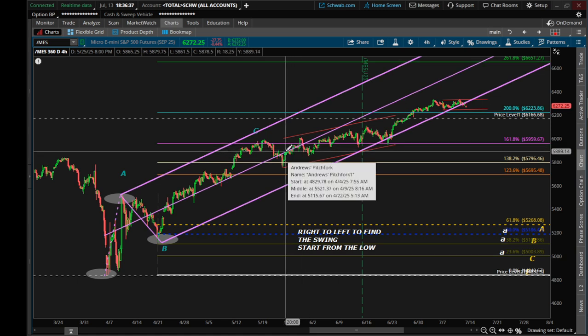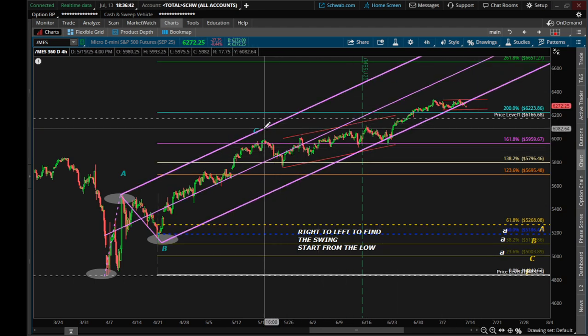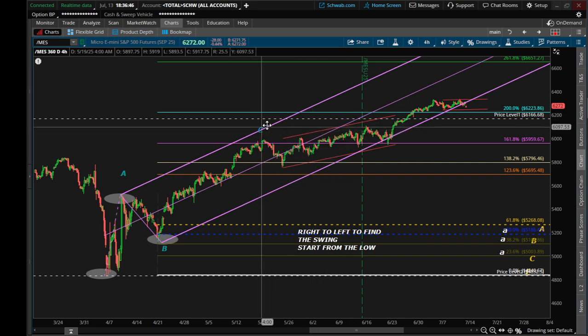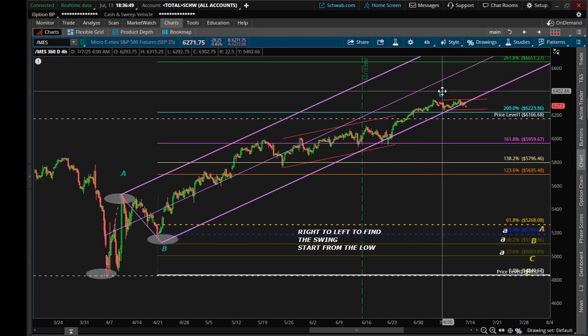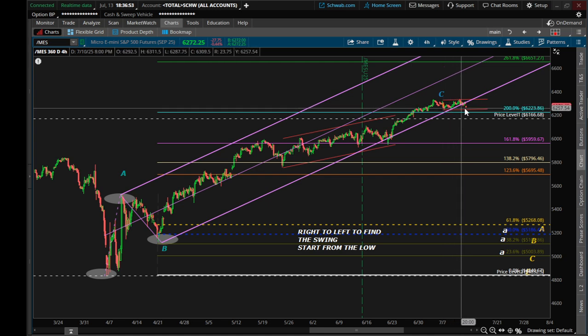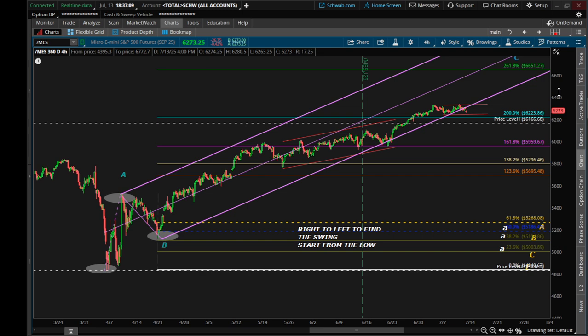According to the pitchfork, it looked like it used the median and continued its run. So I'm thinking maybe the C leg is not there and it's more towards the 200, but we have already broke above the 200 and are using the 200 for support. So I think we might be going to the 261.8.